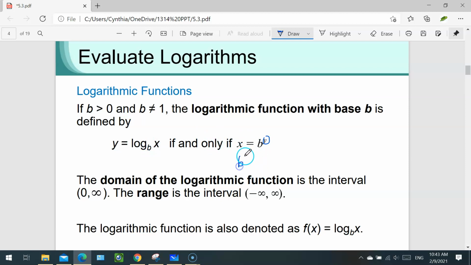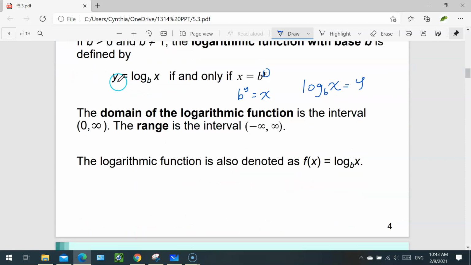Or if you switch the order, b to the power y equals x, probably this is the easy way for you to see it. Exponential form. Now convert into a logarithm form. You have the log, base b, the result is x, equal to degree power y. So it's the same structure.